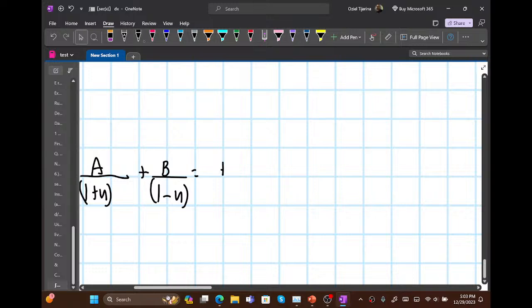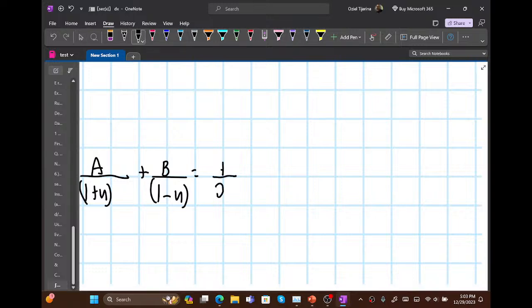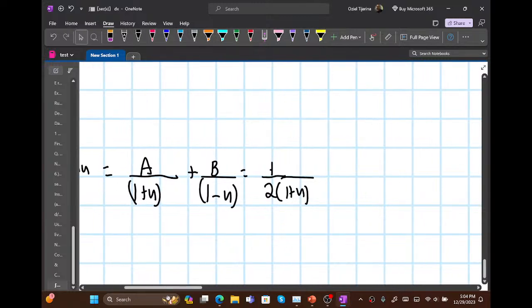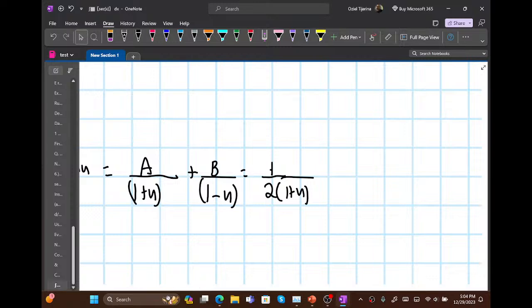In other words, really what this means, guys, we're just going to say 1 over 2 times 1 plus u. I hope that makes sense, unless y'all want me to explain that. You're just putting the 2 in the denominator. It's like when you do a fraction divided by a whole number, you're just putting the denominator of the top fraction on the very bottom.